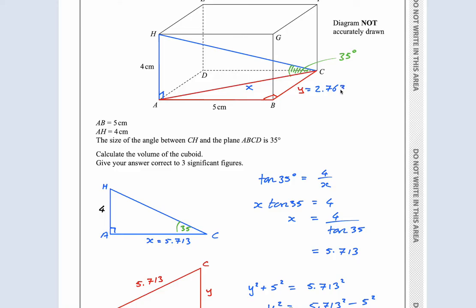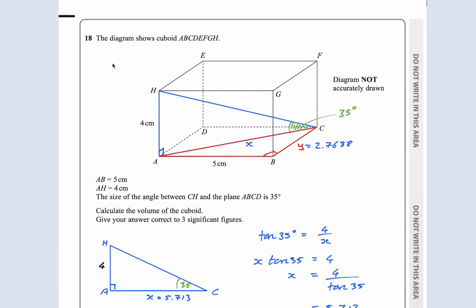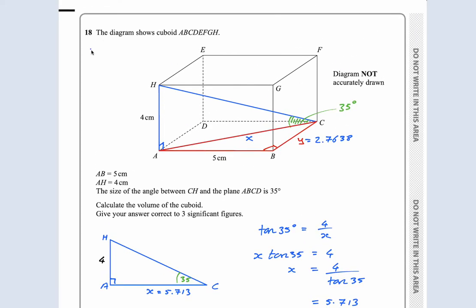Now how do I get the volume, guys? The volume equals this 5 times width 2.7638 times height 4. So the goal from the start was actually to get this length, because length times width times height gives the volume.